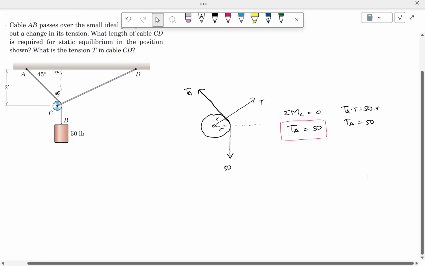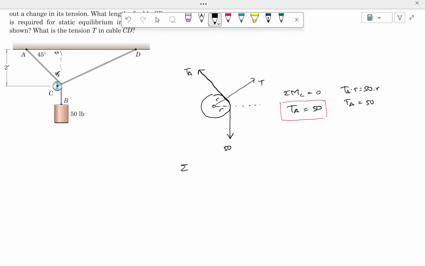That's the moment equilibrium. To make it static equilibrium, they have to be in equilibrium in the X and Y directions too. So let's calculate. Sigma Fx equals 0. In the X direction, the T has horizontal components, and the TA also has horizontal components.